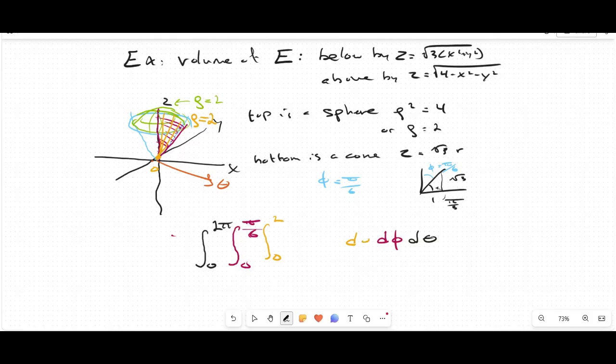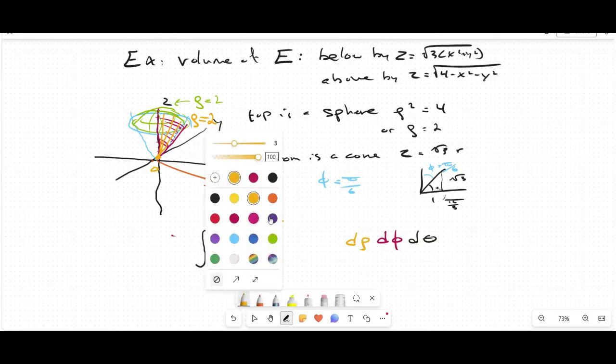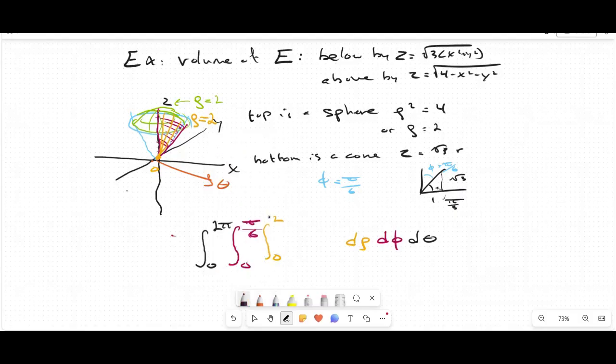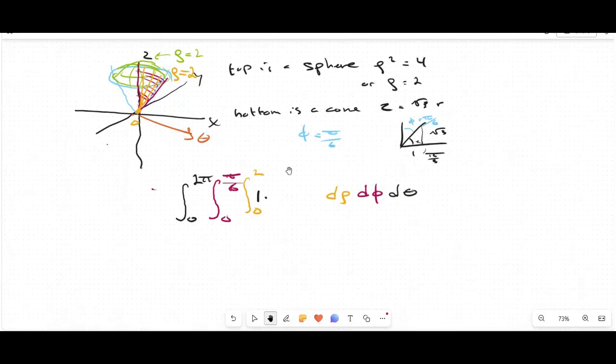That's d rho. And what am I going to integrate? Well, to get the volume, we always integrate the function 1. That will recover the volume. And I never forget, if I'm integrating in spherical coordinates, to throw in that factor of rho squared sine phi.